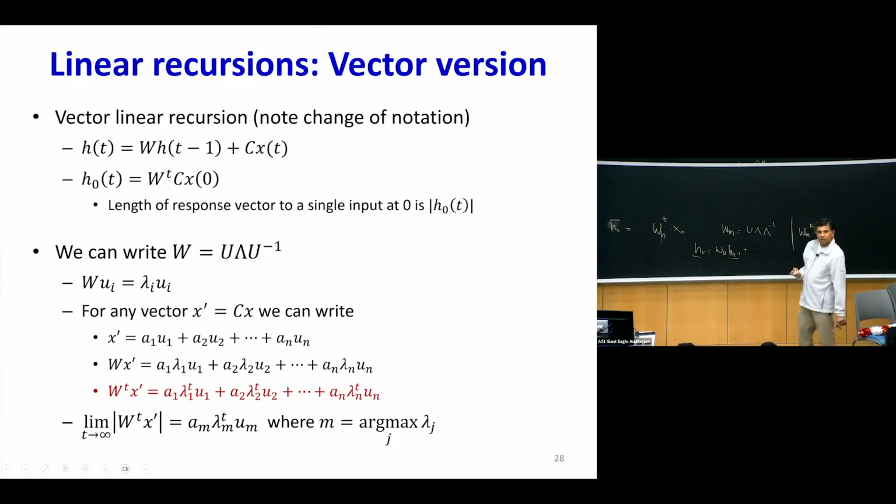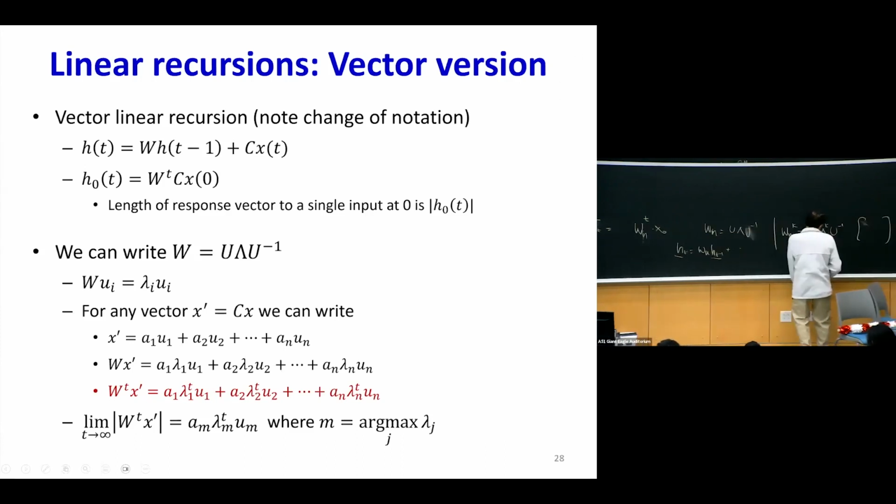Just like u lambda to the k and then u inverse. Wait, we should change the previous thing to have a u inverse instead of lambda inverse. Correct. I am so sorry. You are right. Thank you for catching that.